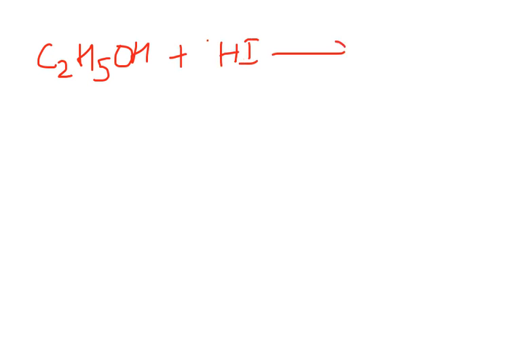HI and red phosphorus are among the most important reagents. If I have to reduce, let us say, C2H5OH, if I treat this with HI in the presence of red phosphorus, which is a kind of ultimate reducing agent that will reduce any compound to the alkane state, you will get C2H6, and of course I2 will be formed, so I'll have to use 2HI. And what is the other product?